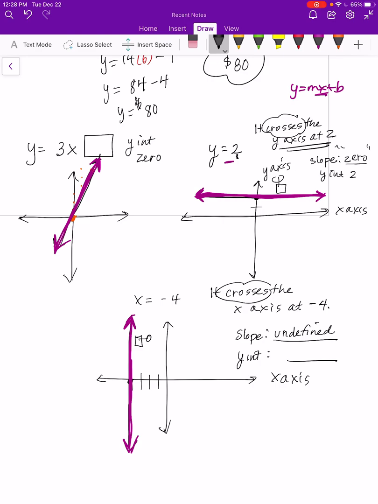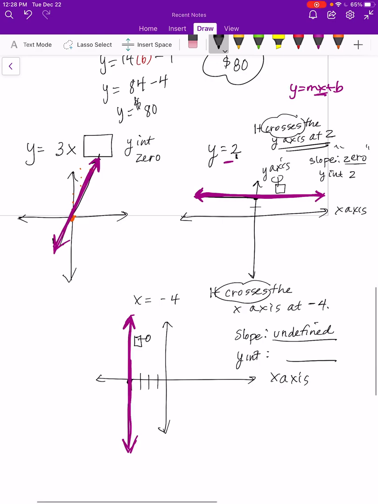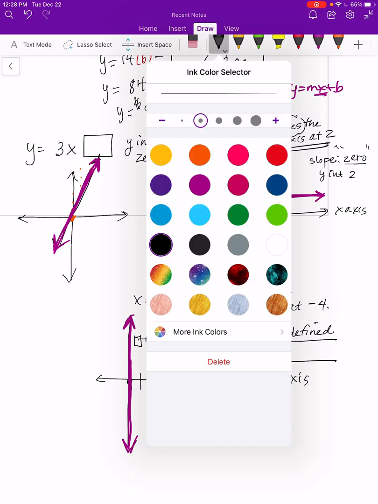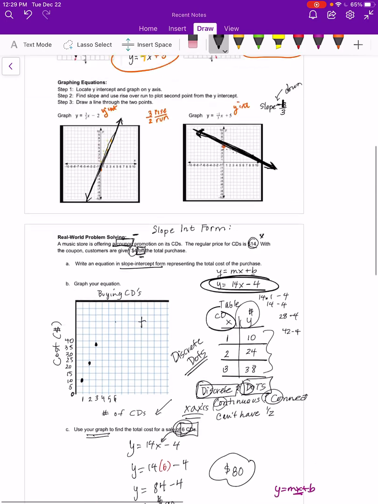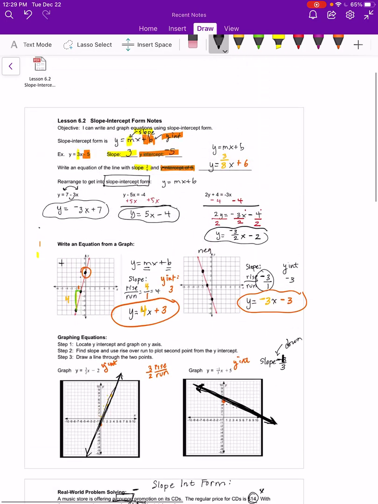Does it cross my y-axis? Nope. So for the y-intercept, you would say there's none, because it doesn't cross the y-axis. So keep those in mind. Those are special exceptions to the rule, I guess. So there you go. y equals mx plus b, known as slope-intercept form.